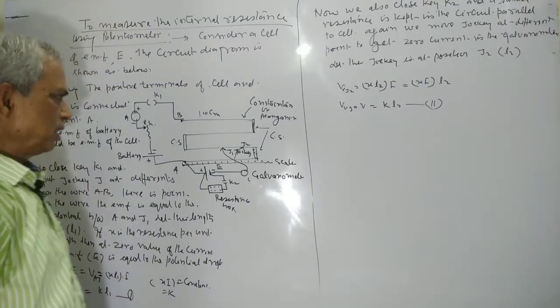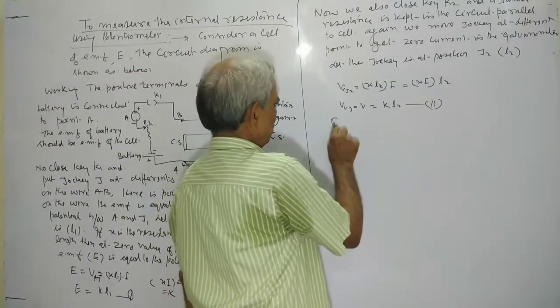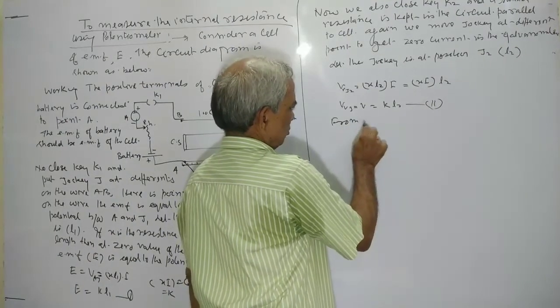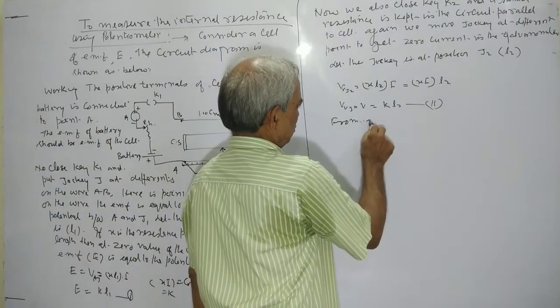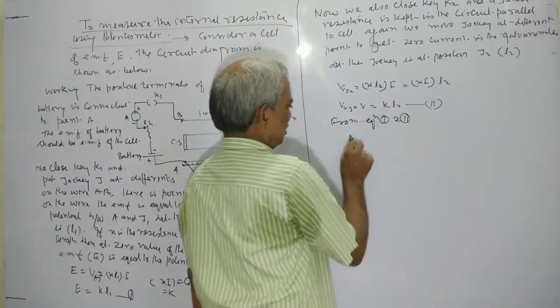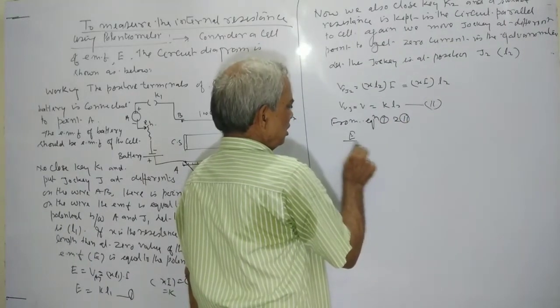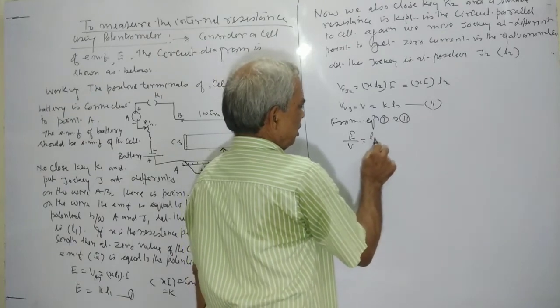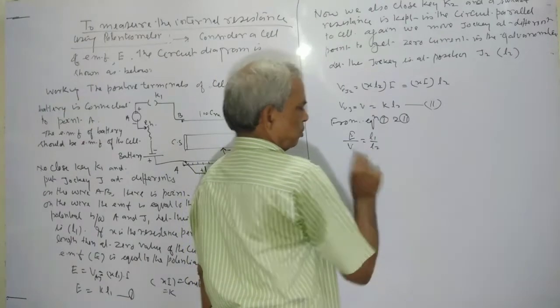From equation first and second, E upon V is equal to L1 upon L2.